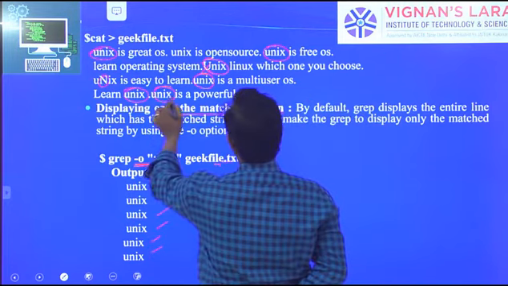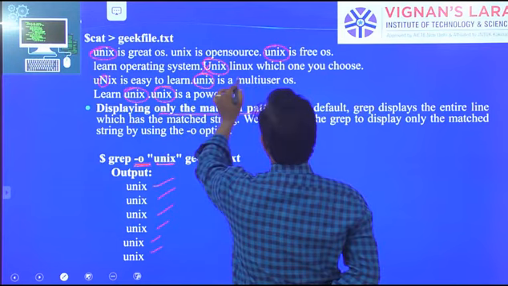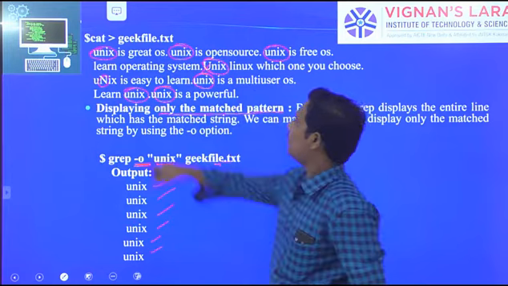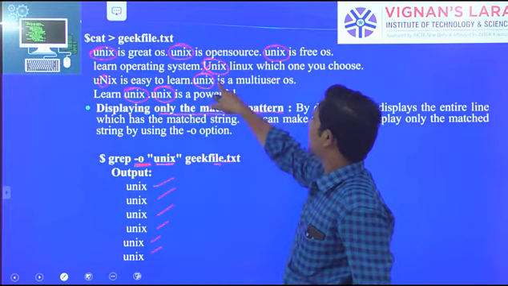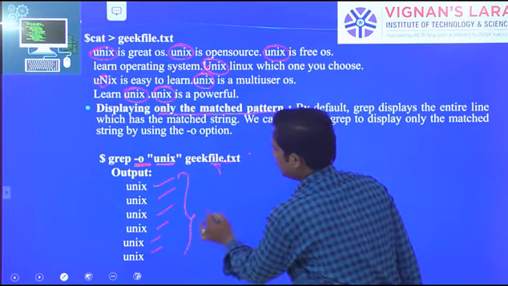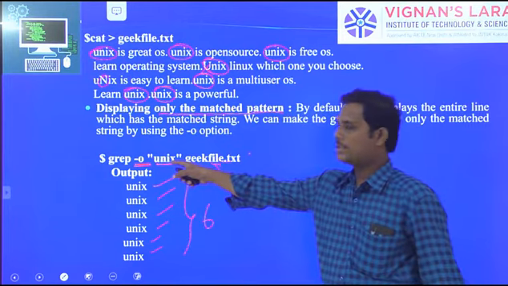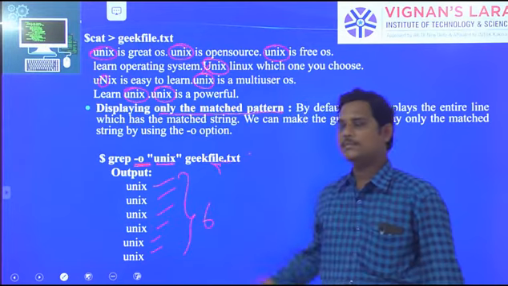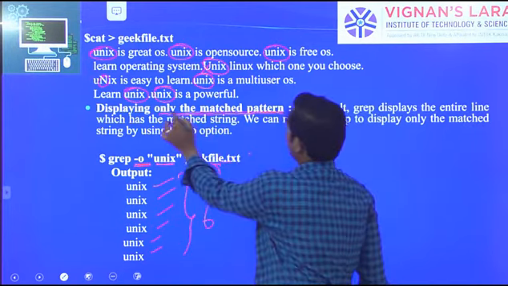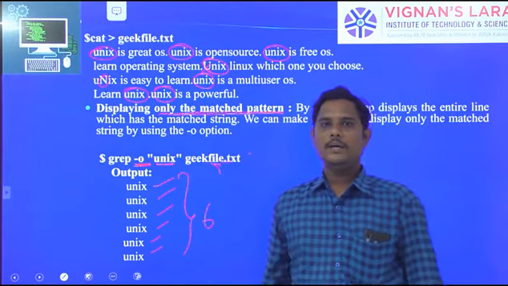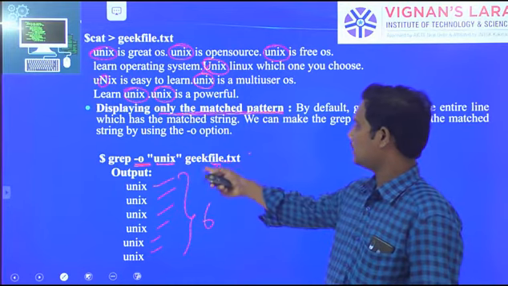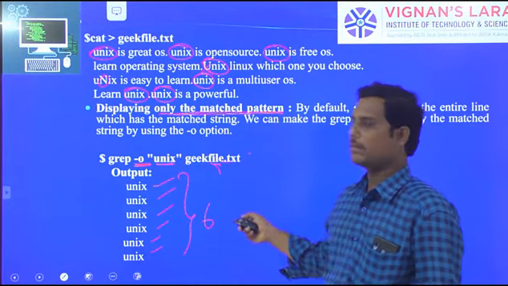So 6 times in total. This word is matched, and that will be displayed. Option O means display only the matched pattern. So this is called using option O with the grep command.